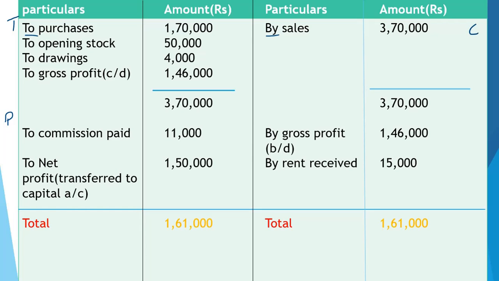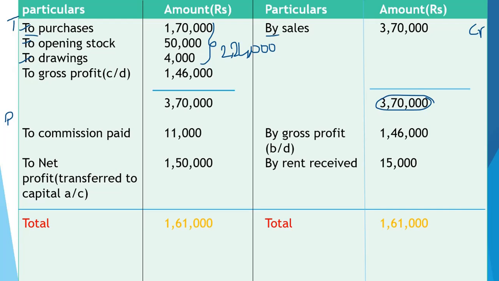On the credit side we will get 3,70,000. So on the debit side, just consider these three, guys: purchases, opening stock and drawings. After calculating these three things, we will get 2,24,000. 2,24,000 we will get, guys.